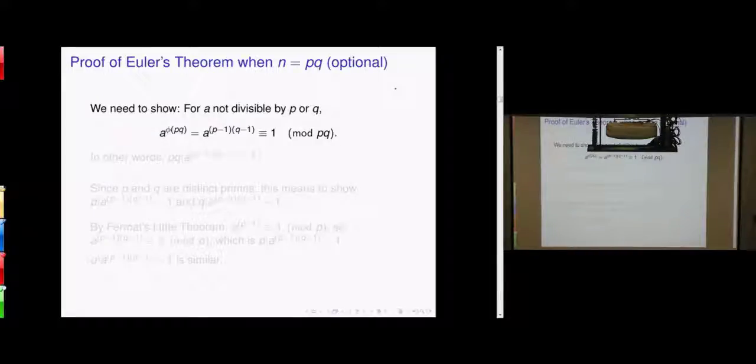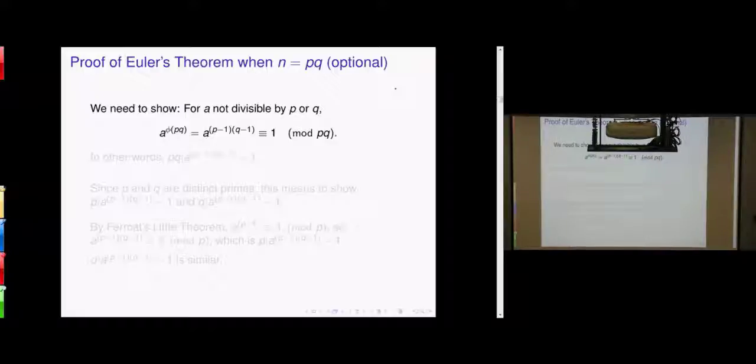All right, so let's prove Euler's theorem for a special case when n is pq. Again, all proofs are optional, so you don't need to write it on your help sheet. So I want to show Euler's theorem for this special case when n is p times q. So what is the statement?